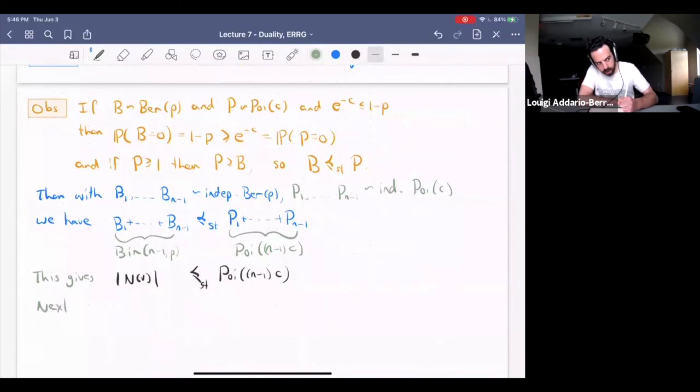Now we'll write the neighborhood as v1 up to vk, where k is some random value.